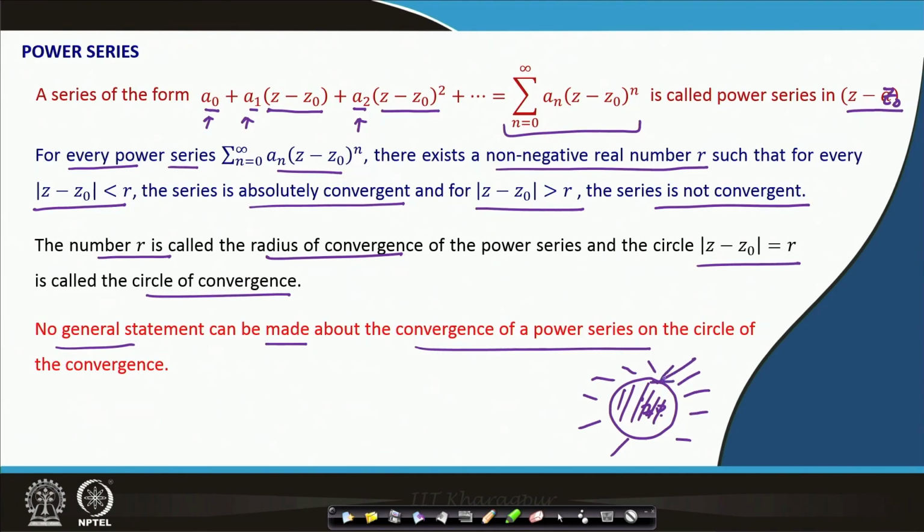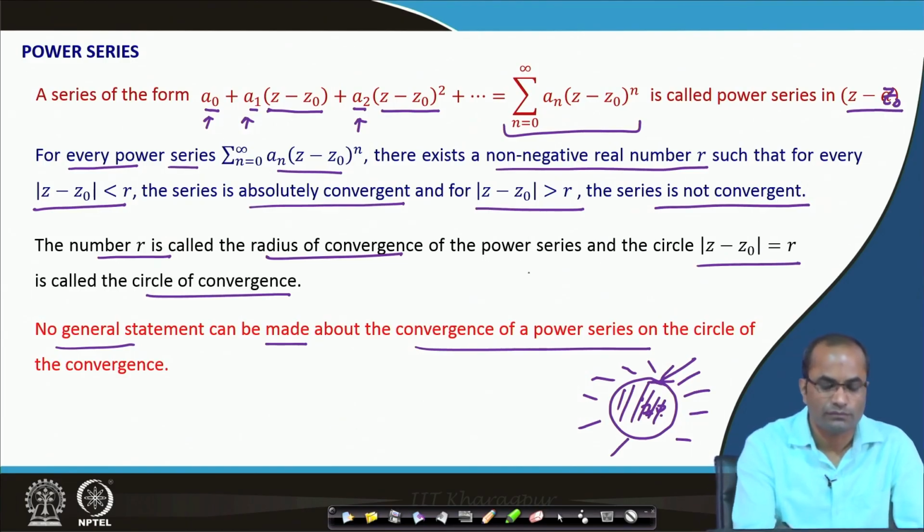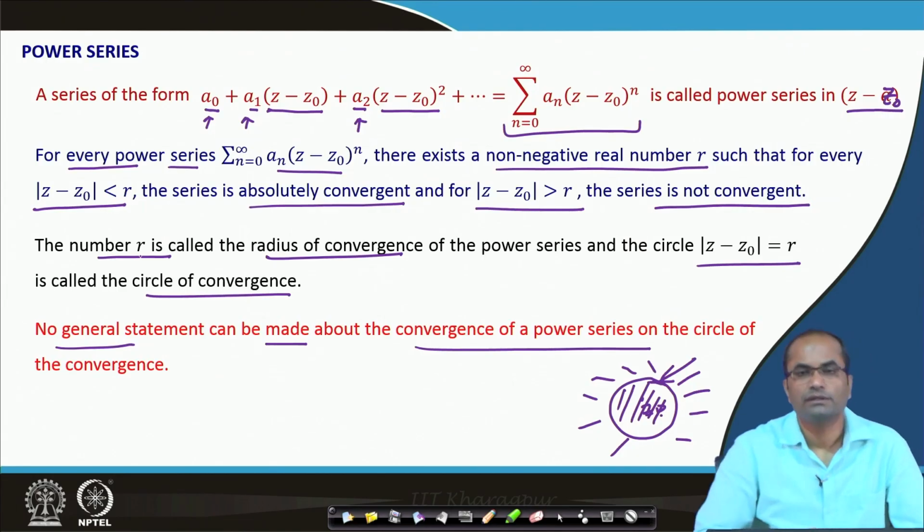That will depend on the particular case, where we have to check separately what is happening on the circle. But what we know from the radius of convergence is that inside the circle with radius r, center z0, the series converges, whereas outside this circle the series diverges.